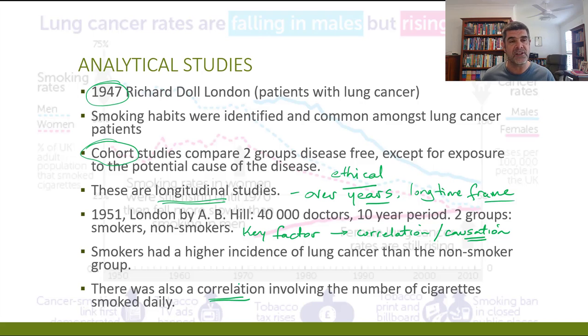So it didn't just seem to be about whether or not you were a smoker. It was also about how much smoking you did, what sort of consumption of cigarettes that you had, and how that might contribute to affecting your likelihood of developing lung cancer.